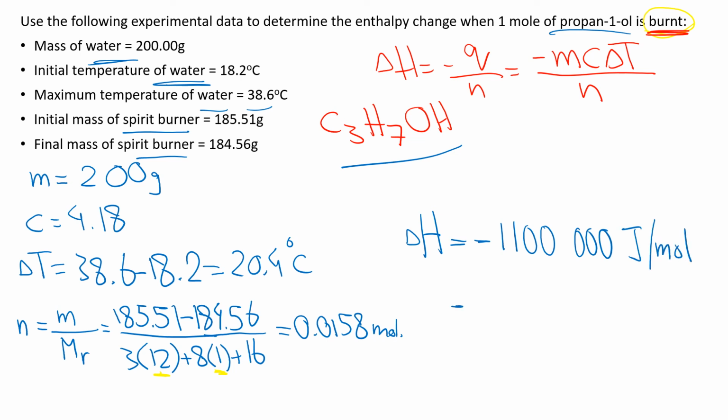To get it in kilojoules, we can just divide it by 1,000, so it will be negative 1,100 kilojoules per mole. Okay, this is for calculating the enthalpy of combustion for propan-1-ol.